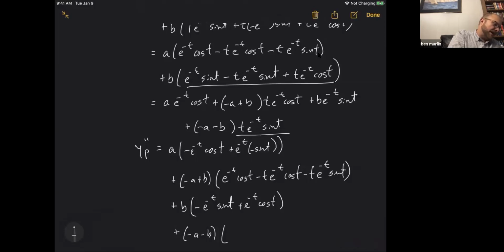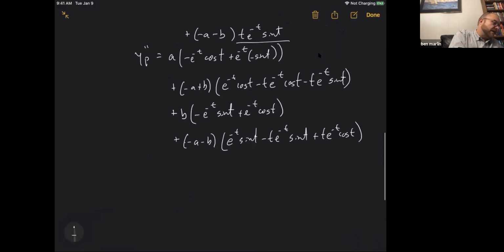So we're going to copy that down, e to the minus t sine t minus t e to the minus t sine t plus t e to the minus t cosine t. All right, the technical term for that is a god-awful mess.